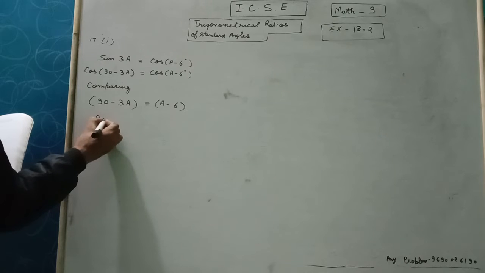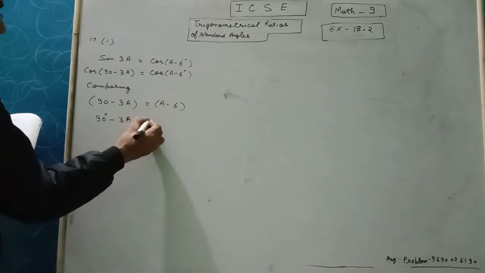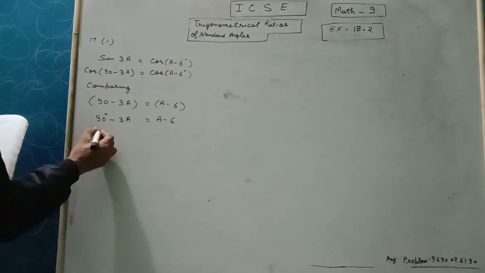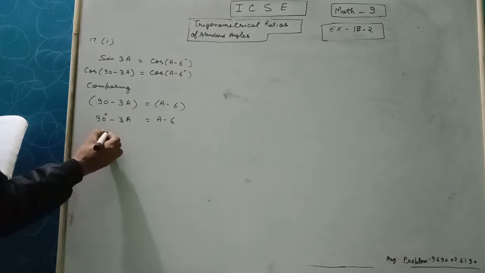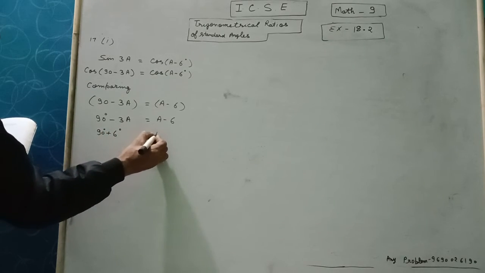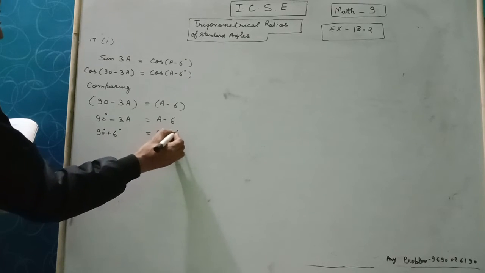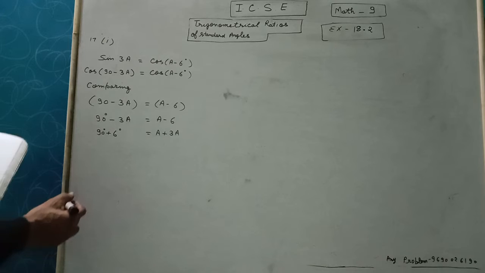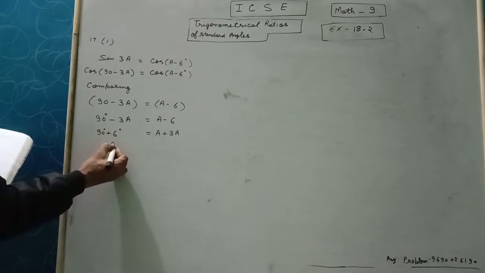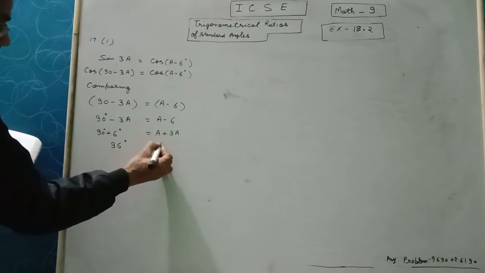Remove the bracket: 90 minus 3a is equal to a minus 6. 90 plus 6, a plus 3a, interchanging left and right. After plus, 96 equals 4a.